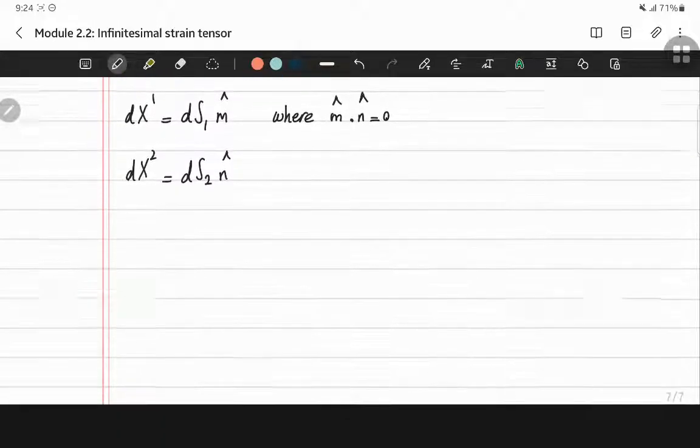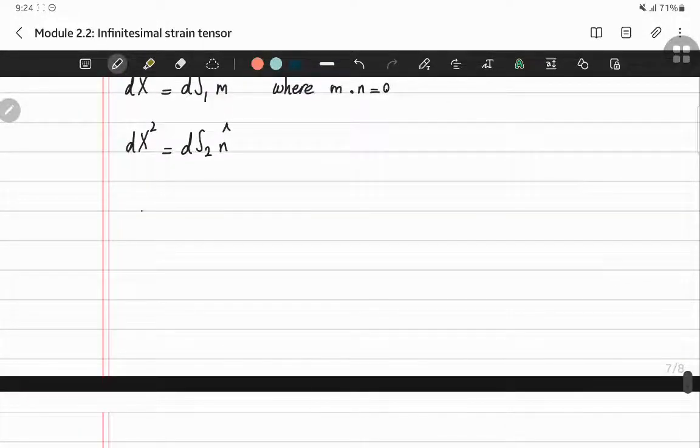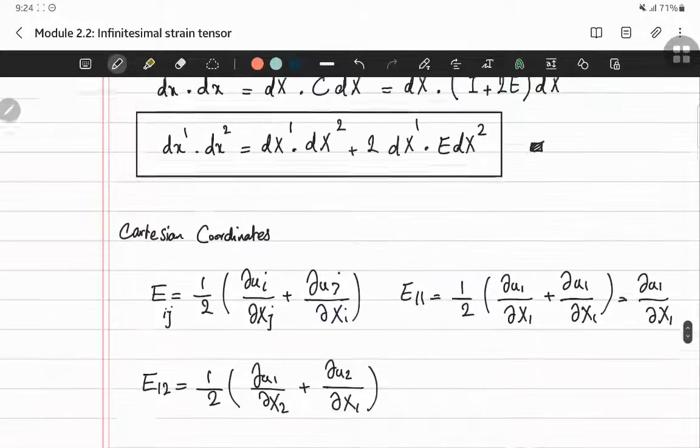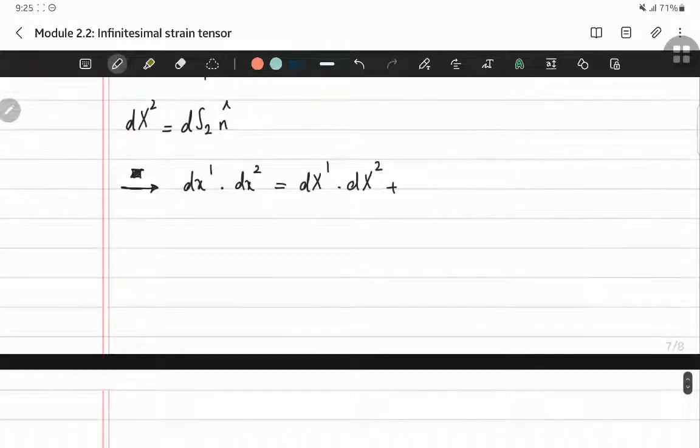So if we have this, then again, from this black square, if I remember correctly, dx1 dot dx2 is equal to dX1 dot dX2 plus 2 dX1 dot E dX2.